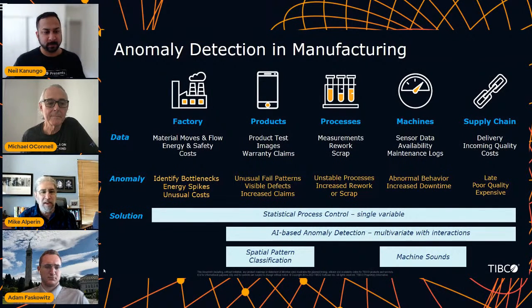But the anomaly detection highlights things that are actually actionable. We detect an anomaly, we may want to investigate it to generate insights or even to take some kind of action. And you can see here, these anomalies can detect things like bottlenecks in the factory or unusual failure patterns in products, unstable processes, abnormal machine behavior.